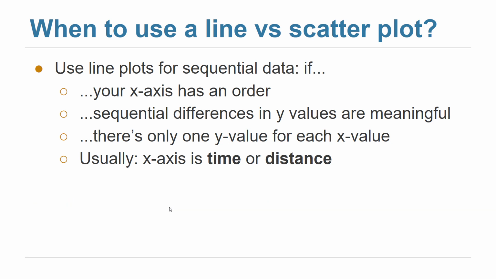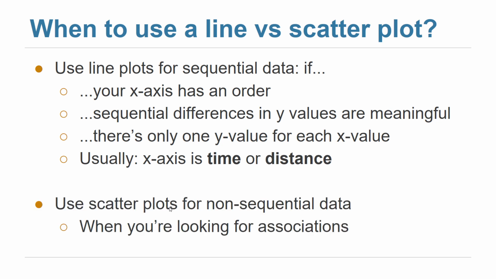Usually, in the line plot, it's not always the case, but usually the x-axis is time or distance. And of course, you see that this is sequential. As time goes, we measure the values. As the distance increases, we measure the values and so on. But scatter plots are used for non-sequential data, and usually we use scatter plots to look for associations between variables.